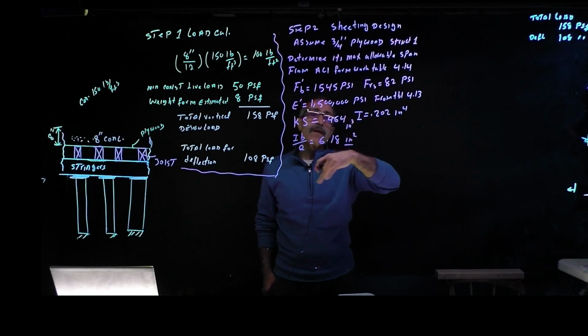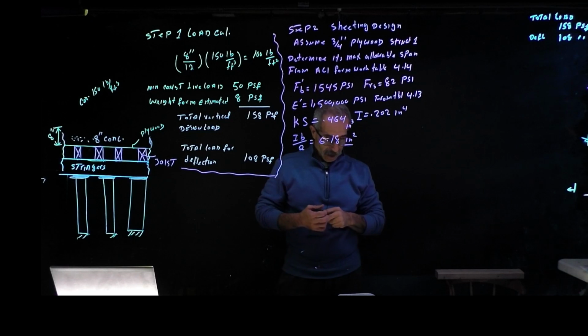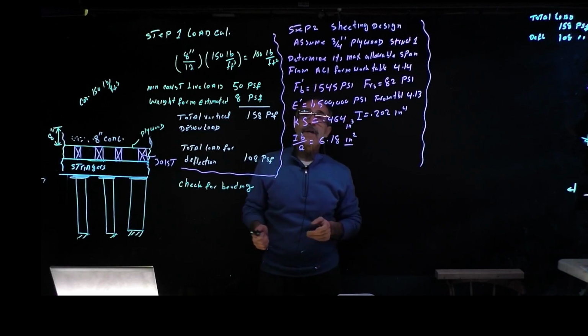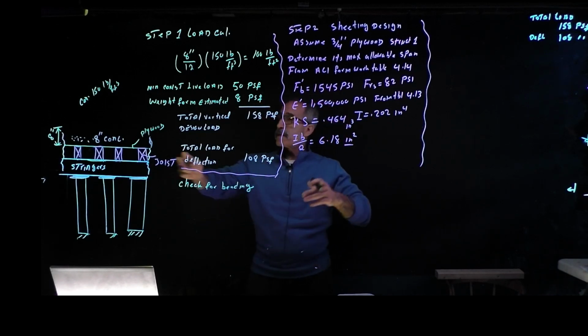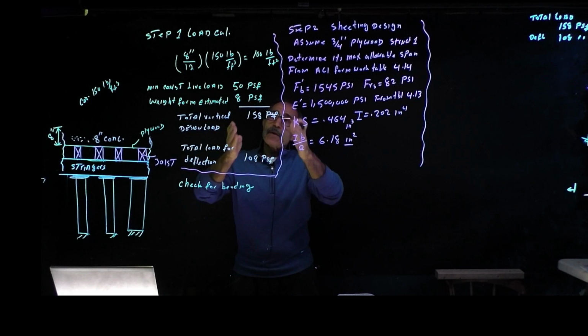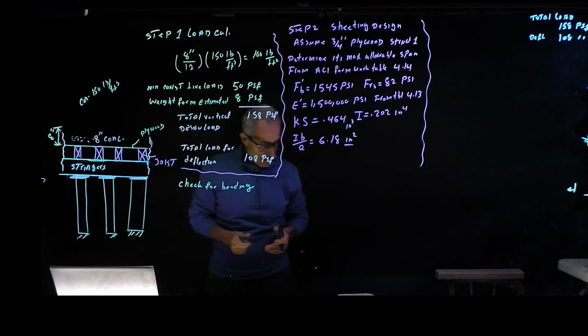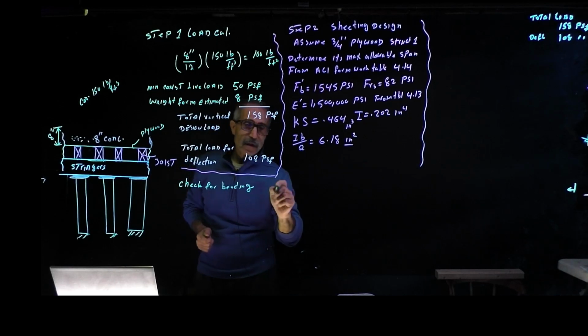Now we have all these design criteria, so we're going to check for bending. Because plywood comes in a 4x8 sheet, we're just going to take a 1 foot strip of it. For the 1 foot strip, we calculate the load.